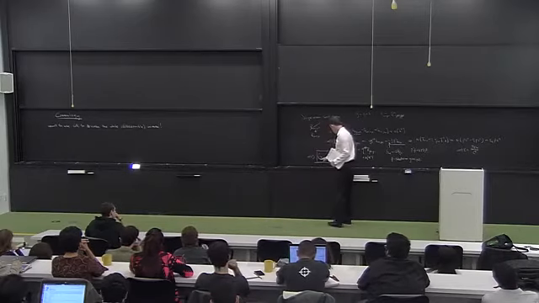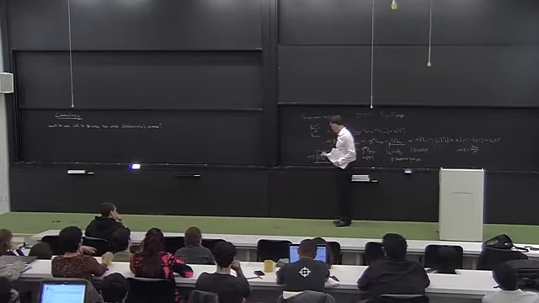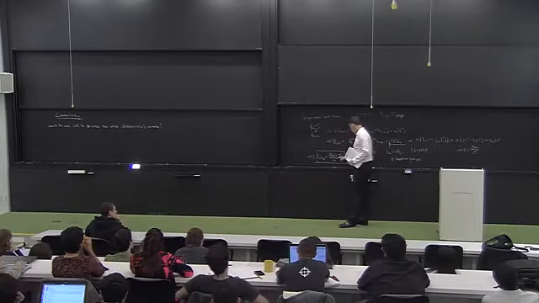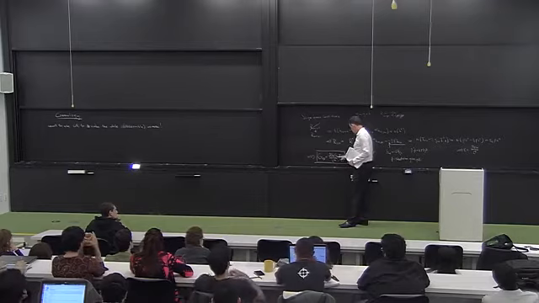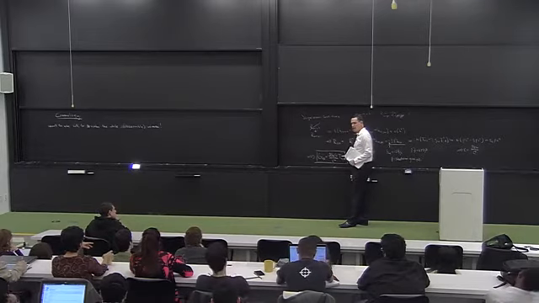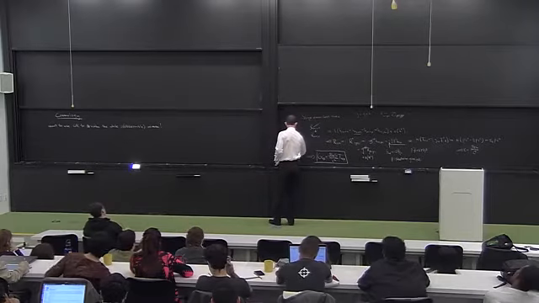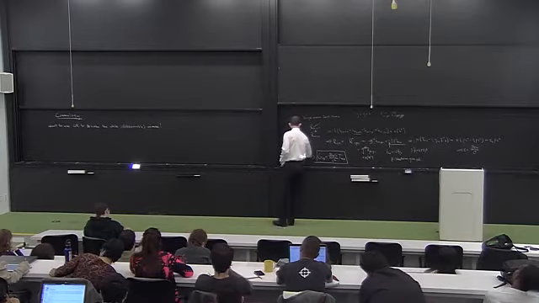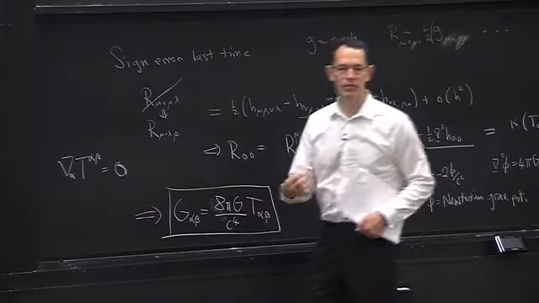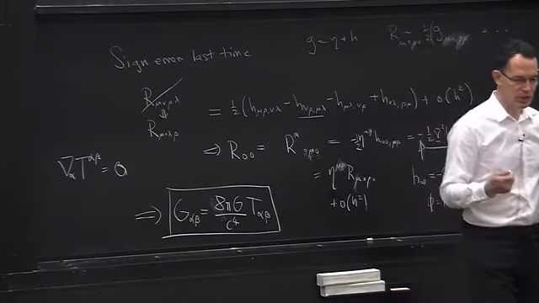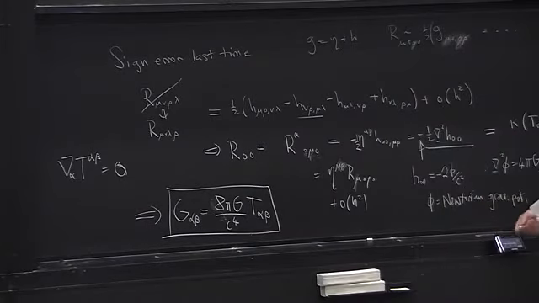Remember, the logic of putting this tensor here was that Einstein knew from ordinary physics that this is conserved, meaning the covariant derivative of T alpha beta equals 0. And this gives the conservation law of energy density and momentum density.